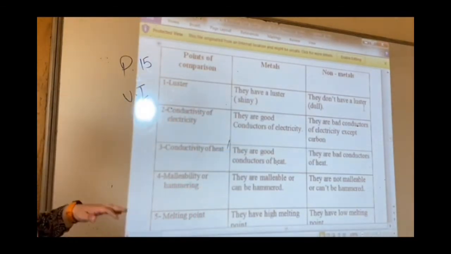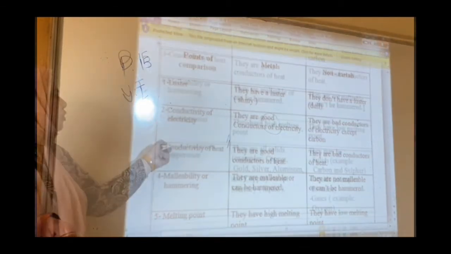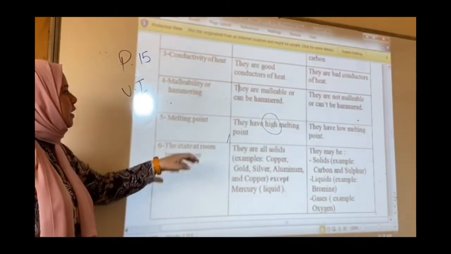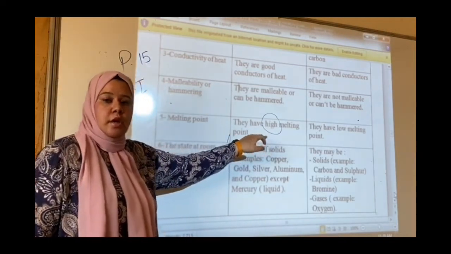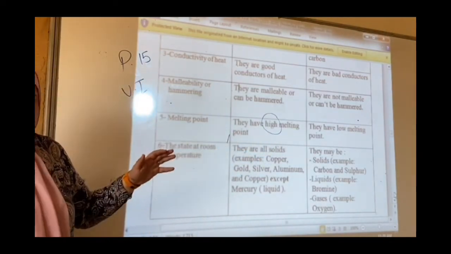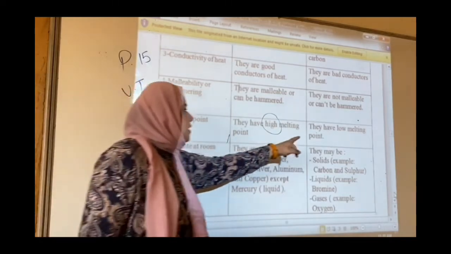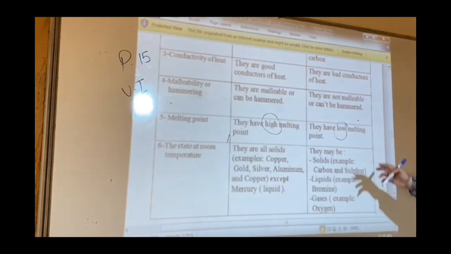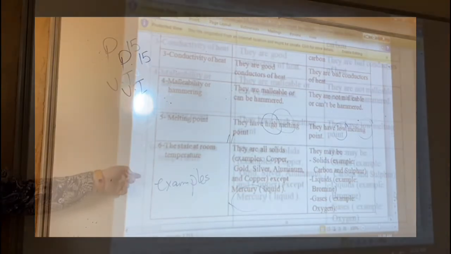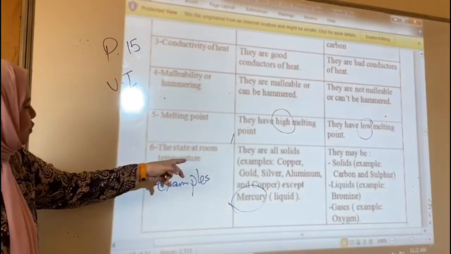They can't be hammered, reshaped, or bent. Number 5, melting point. Metals have a high melting point. They need high temperature to melt. But non-metals have a low melting point, they need low temperature to melt.